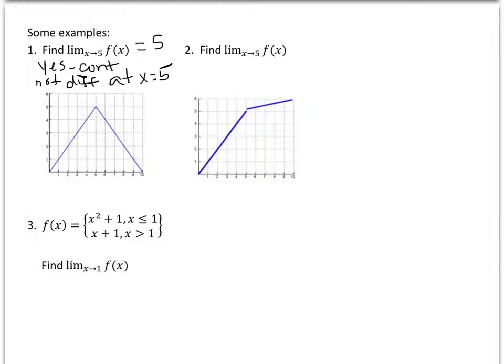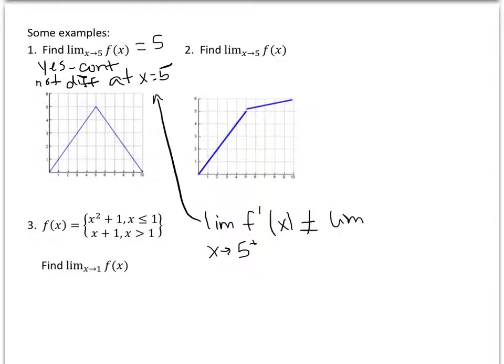The way we formally talk about a sharp corner is we would say that the limit as x approaches 5 of the derivative from numbers from the right side is not the same as the limit as x approaches 5 from the negative side of the derivative.